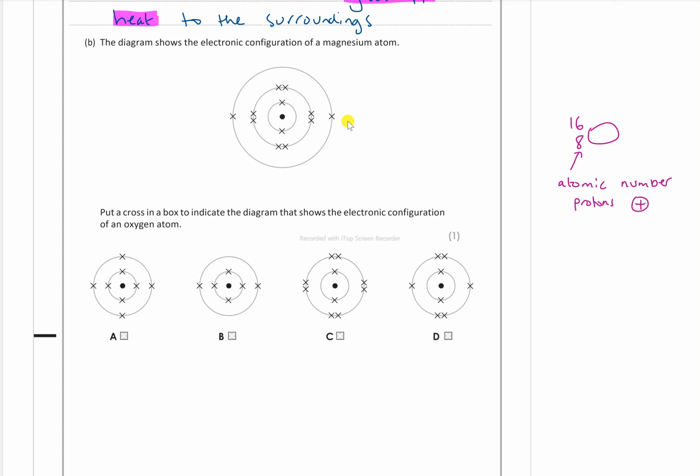Protons are positive particles with a mass of 1 and a charge of +1. This is called the relative atomic mass, and it stands for the number of protons plus neutrons.